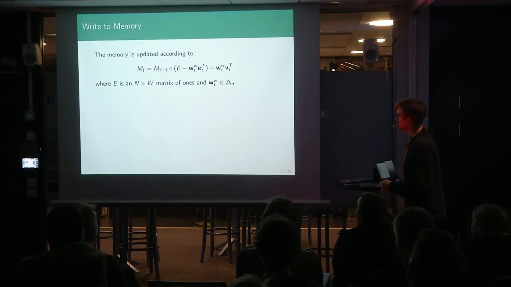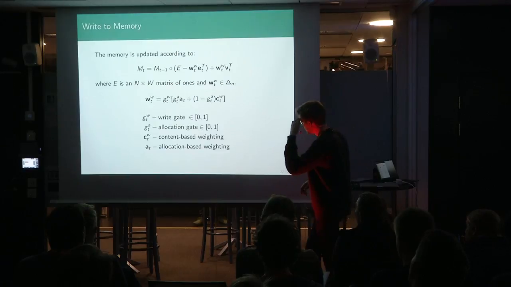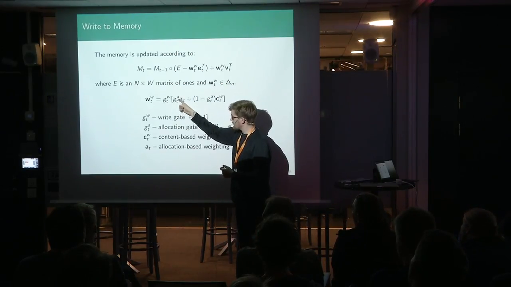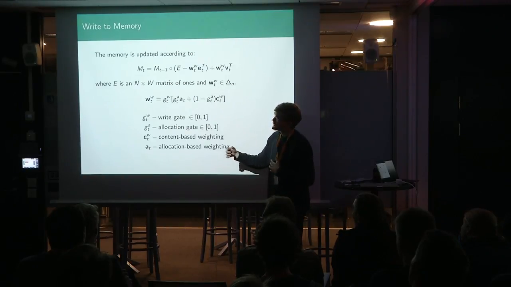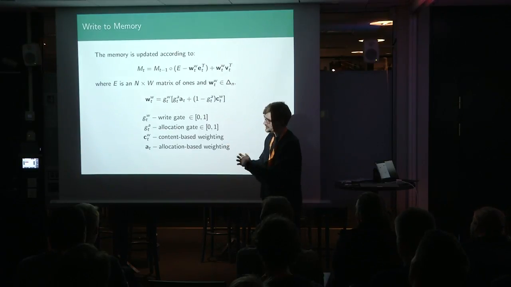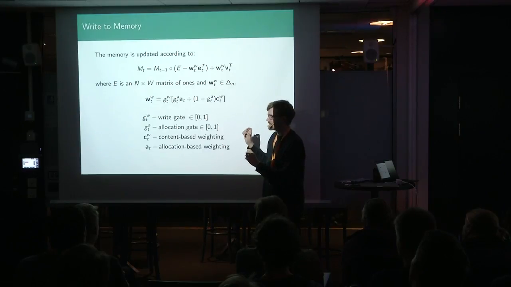It's defined as follows. You weight between the two, so g^a controls if your distribution should be chosen based on the allocation part, or if it should be based on attention, the content.